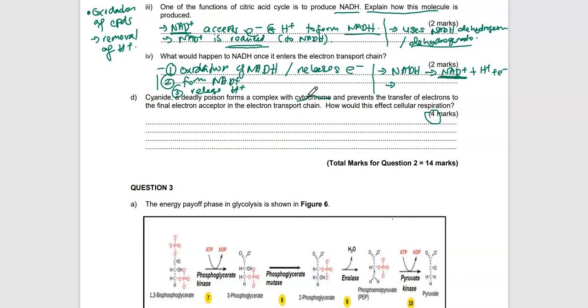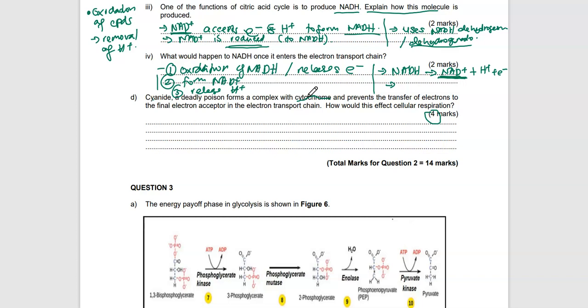The basic purpose of transferring electrons from one carrier to another is to pump hydrogen ions from the matrix into the intermembrane space, creating a high concentration of hydrogen ions there to create proton motive force.